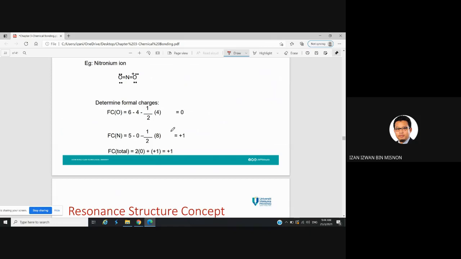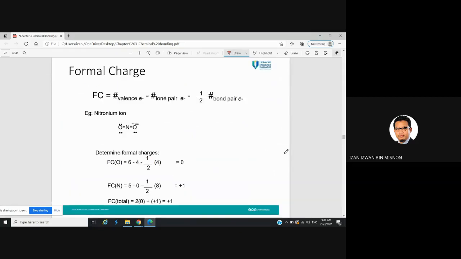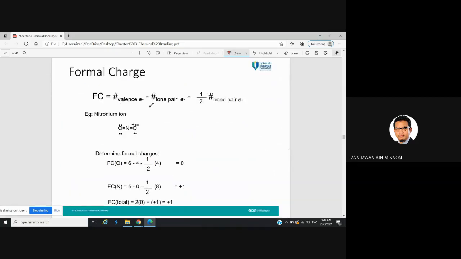Okay, let's look at how we calculate the formal charge. The formal charge equation is the number of valence electrons minus the number of lone pair electrons minus half the number of bond pair electrons.